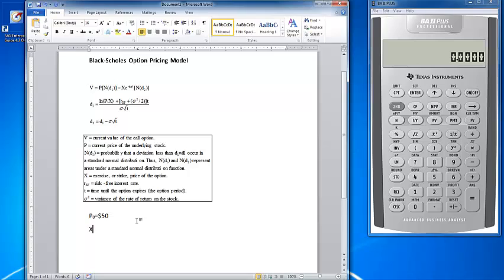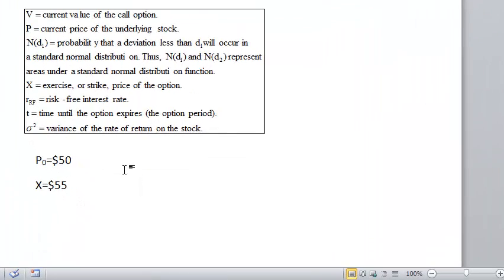The exercise price of the option is $55. The standard deviation, or the sigma, as we'll refer to it, is equal to 25%, or 0.25.